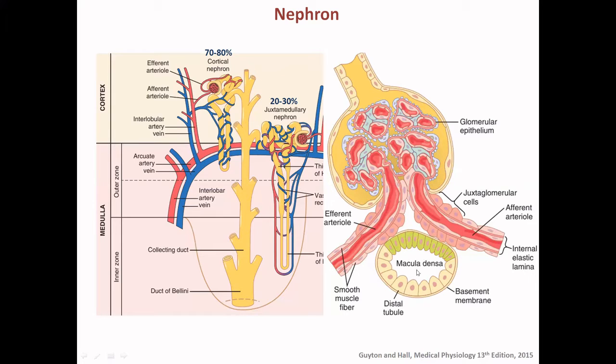So it will find that the sodium concentration is low in the distal convoluted tubule. So it will send a signal to the afferent arteriole, so that the increase in the hydrostatic pressure will lead to an increase in the filtration rate, so that the sodium concentration will be balanced in the distal convoluted tubule as well as the plasma.